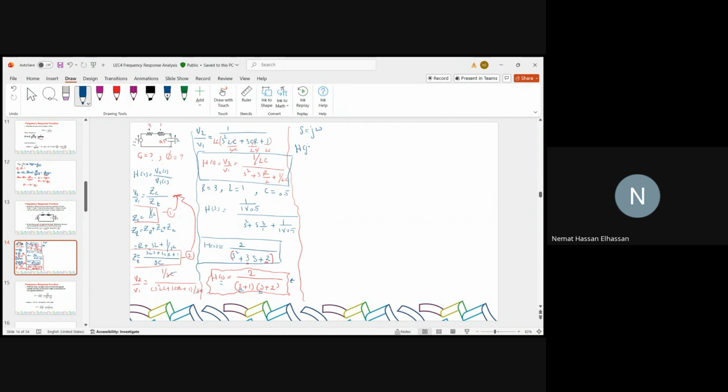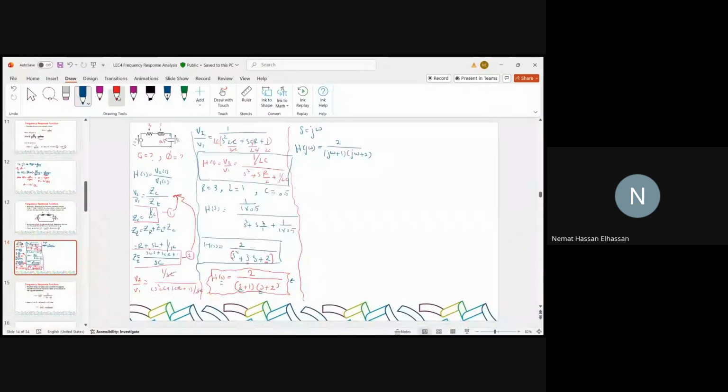H of J omega, which will be equal to 2 divided by J omega plus 1 times J omega plus 2.